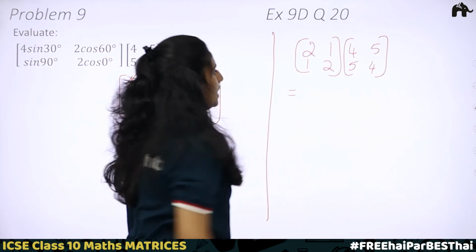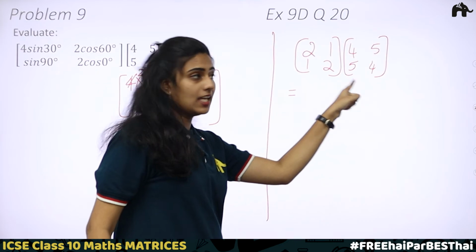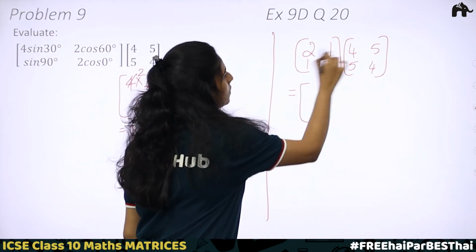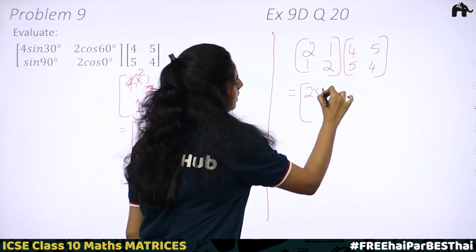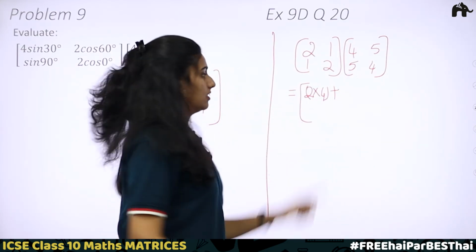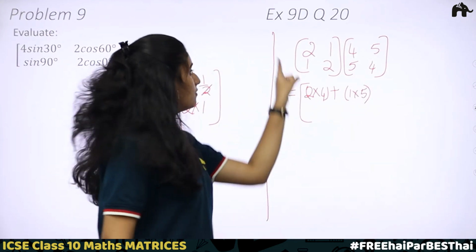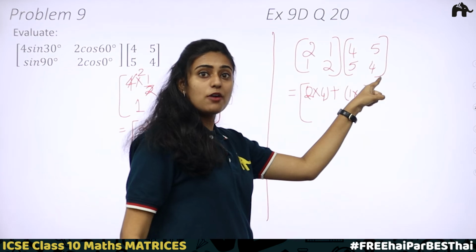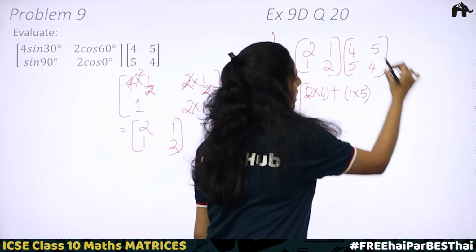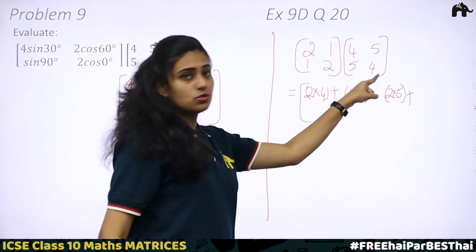Normal matrix multiplication, considering the first row of the first matrix and the first column of the second matrix. That is 2 into 4 plus 1 into 5. Next element, first row and the second column of the second matrix: 2 into 5 plus 1 into 4.